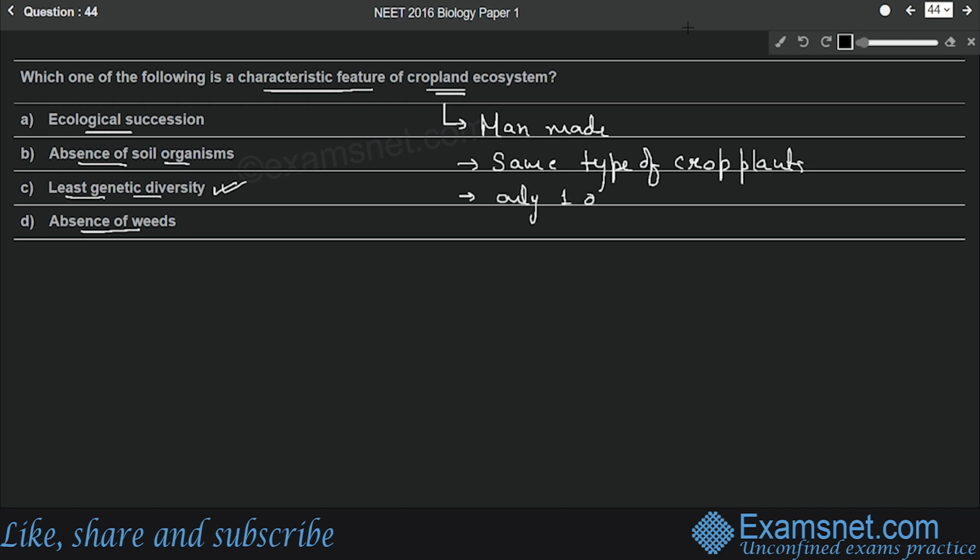Only one or two species are produced at a time. Okay. Therefore, there is very little genetic diversity in this ecosystem. Least genetic diversity. Okay. So option C is the correct answer.